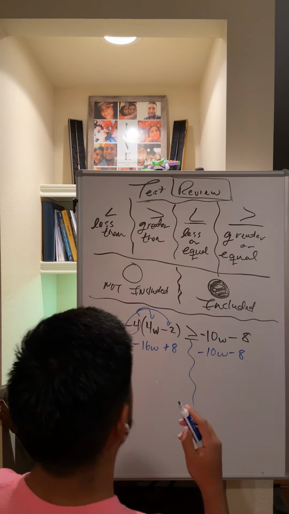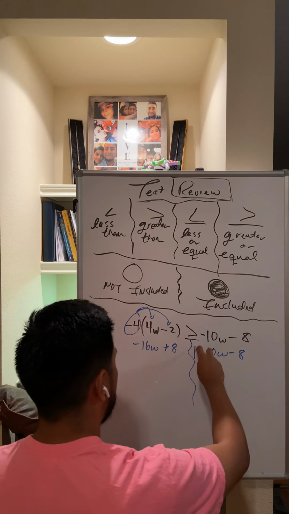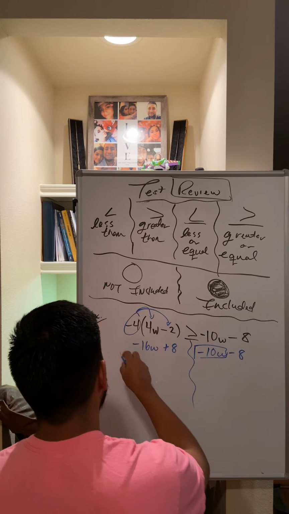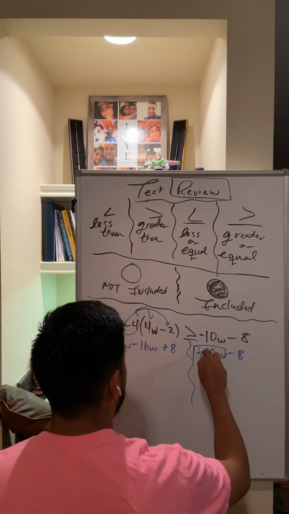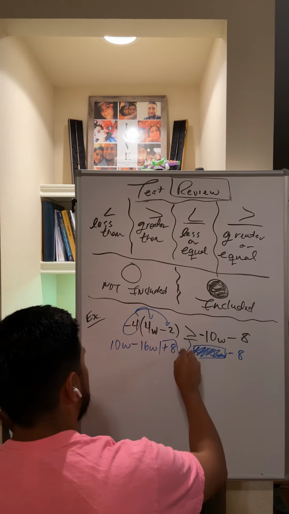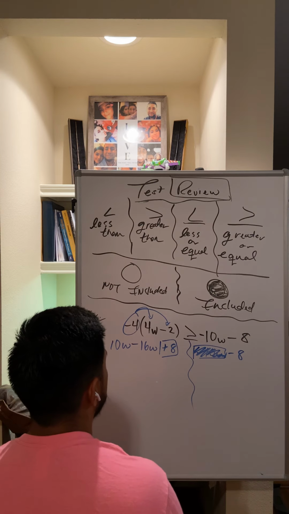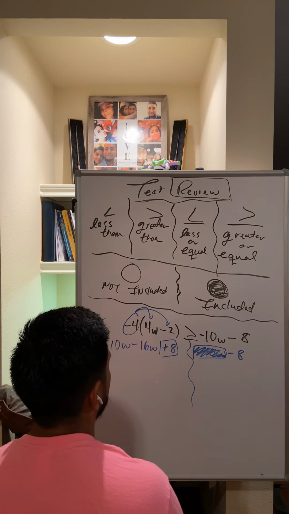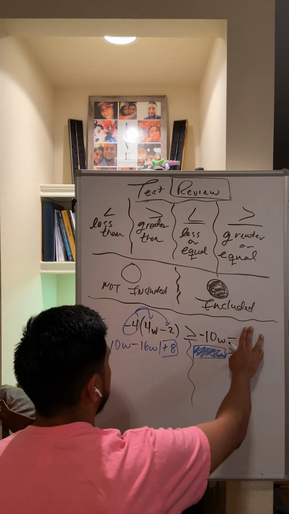All right, let's do this. Variables on this side. Negative 10w moving over becomes a positive 10. Remember, when it switches sides, it becomes positive. Cross it out. The 8 moving on over. Shoot, ladies and gentlemen, we did mess up. Let's make this a 4.